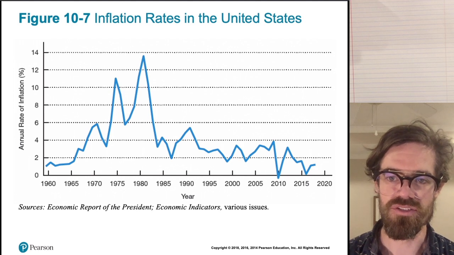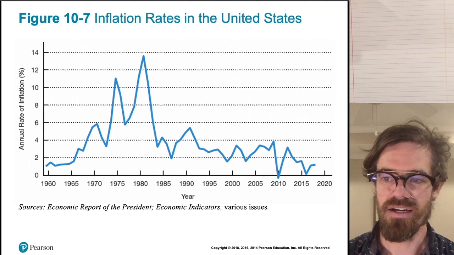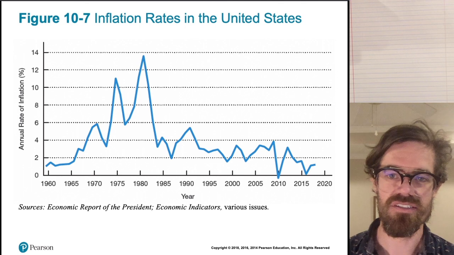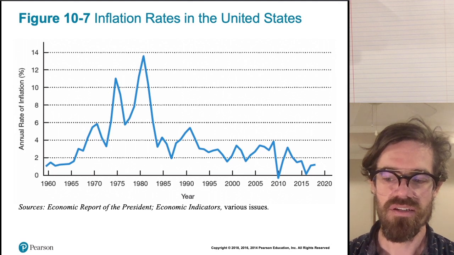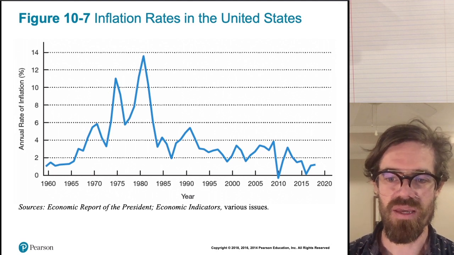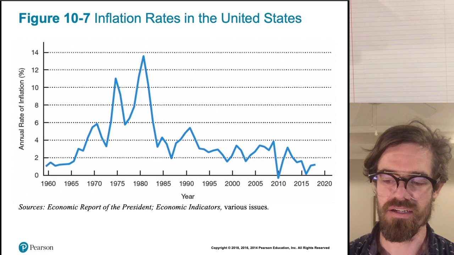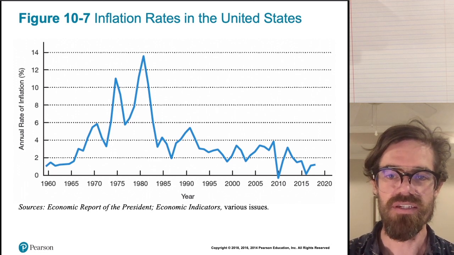We're generally around 2 to 3% inflation. And then in the last 10 years, since the Great Recession, it's actually been even below 2%. So we've been around 1%, maybe even a little less inflation in the last decade or so. So it's pretty interesting.